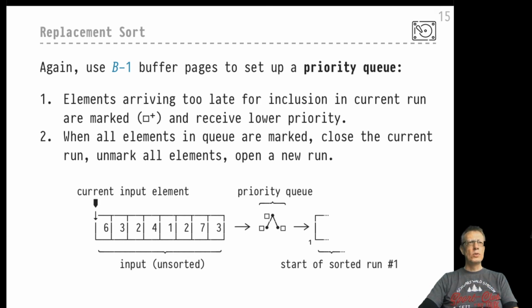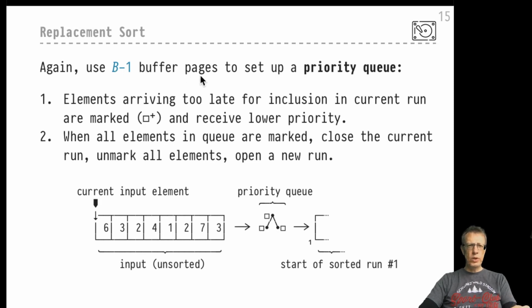Okay, so what we will do here is organize our buffer in terms of a priority queue again. So B-1 buffer pages will again be used and operated in terms of a priority queue.